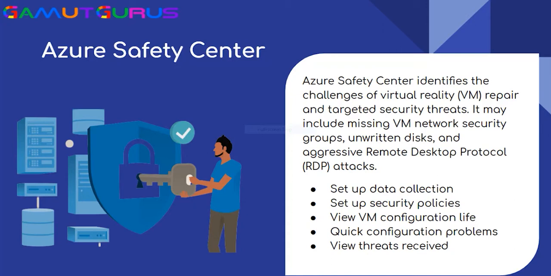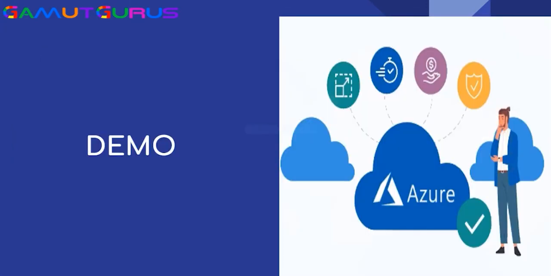It may include missing updates on virtual machines, network security groups, unencrypted disks, and exposed remote desktop protocols, in which we have setup data collection, setup security policies, view virtual machine configuration, fix configuration problems, and view threats received. Now we got to know about what a virtual machine is, its features, pricing, and the security.